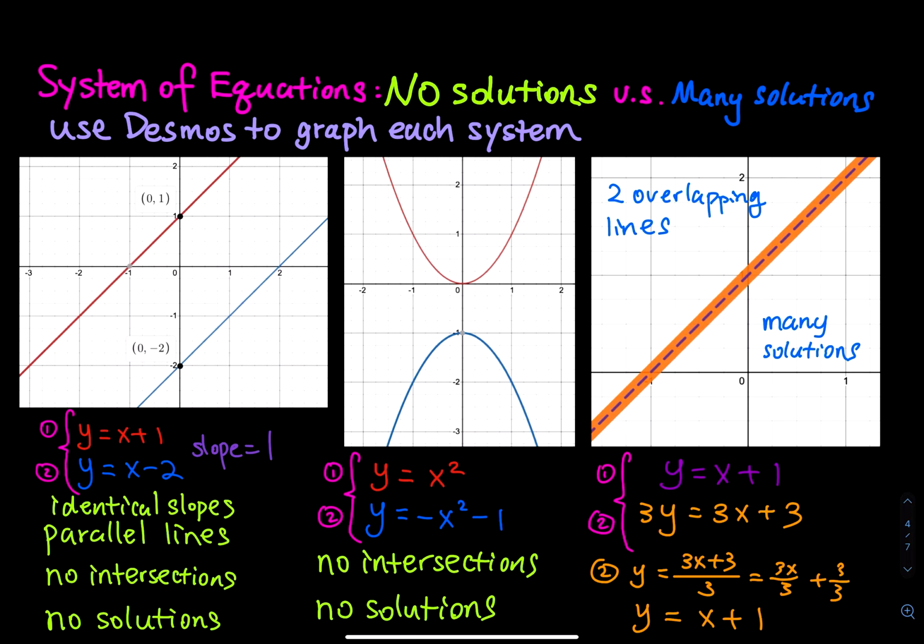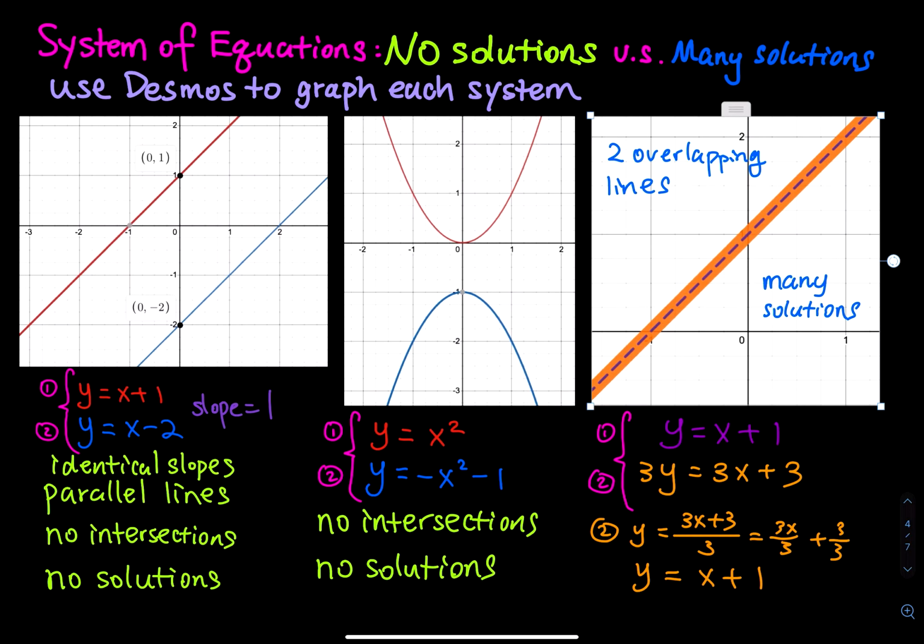And then the last system, I have y equals x plus 1, which is the dashed line. I use a dashed line, so that is y equals x plus 1. And then the orange line, I know the orange line is very bold. I use Desmos to make that bold. This one is 3y equals 3x plus 3. Actually, these two equations are exactly the same.